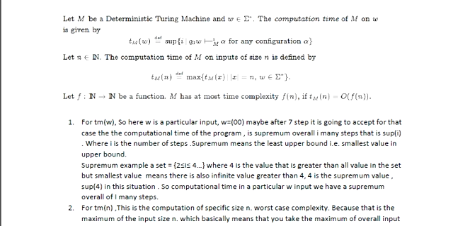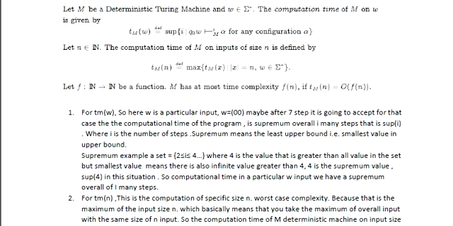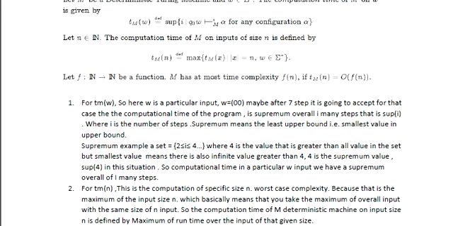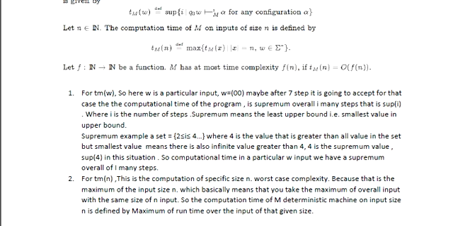Now if we have a situation like T of n, that is, the computation on inputs of the specific size n, that will be the worst case complexity, which means we take the maximum over all inputs with the same size n.